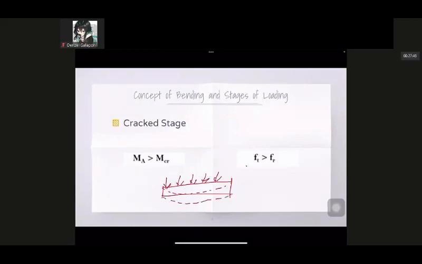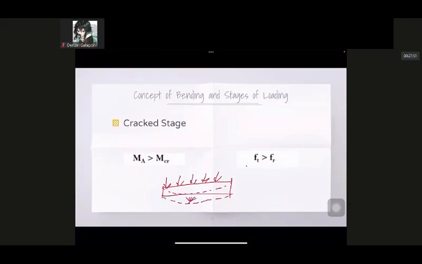For the crack stage, wherein the actual moment is greater than the cracking moment, and your actual stress is greater than the modulus of rupture. So this is the crack stage. So again, if this is the beam and we load it, this beam tends to bend up to a certain time na magka-crack yung ilalim, yung bottom fiber.